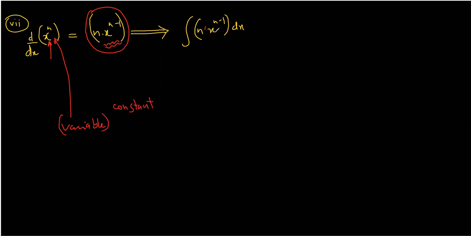Whereas in the integration, you have variable raised to a constant, but that constant is not n, it is n minus 1. Moreover, there is one n multiplied here. So this is not solving our purpose. So we discard this and we do something different.